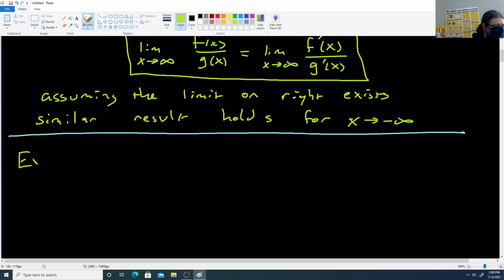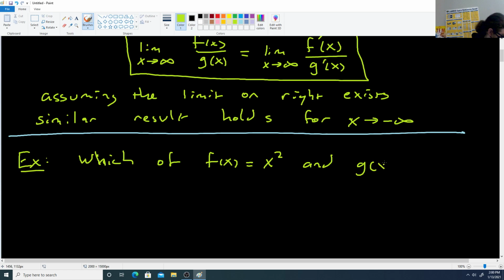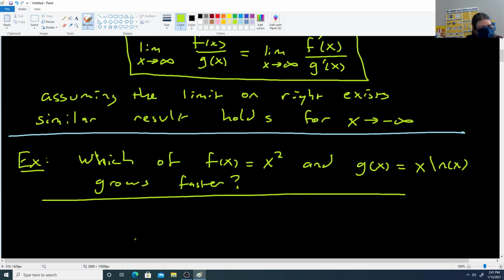So we're going to say which of f of x equals x squared and g of x equals x natural log of x grows faster. What we're going to do is look at the limit as x goes to infinity of f of x over g of x.